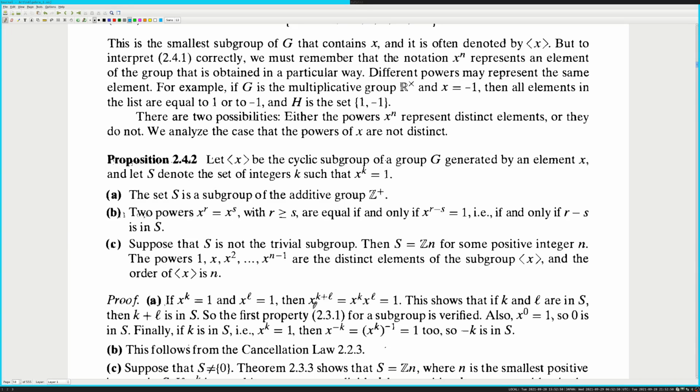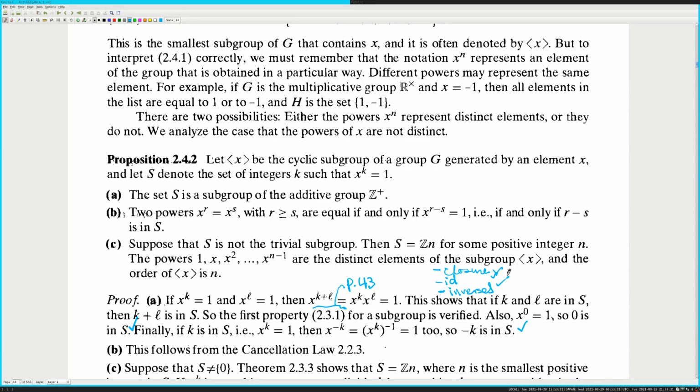So he's going to verify closure, identity, and inverses. Those are the properties. And so he just verified closure. And here's identity. And here's inverses. There we are.